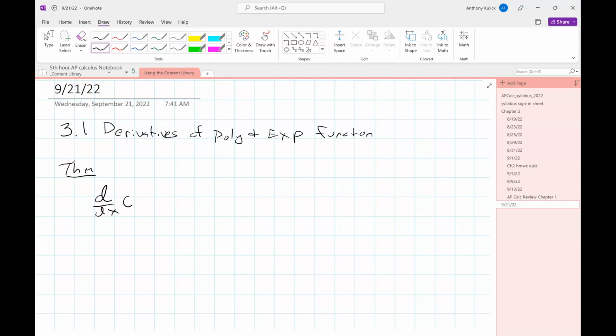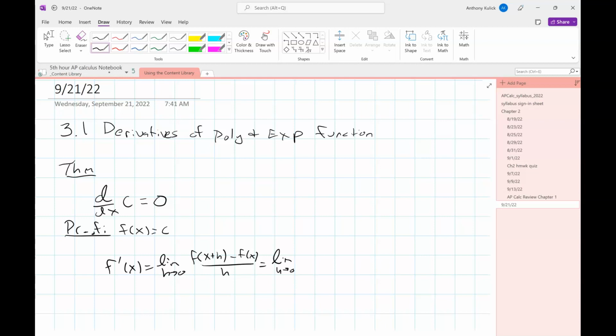So the derivative of a constant is 0. Let's prove that. How would we prove this? The definition of a derivative. So if f of x is just equal to c, what's f of x plus h equal to?